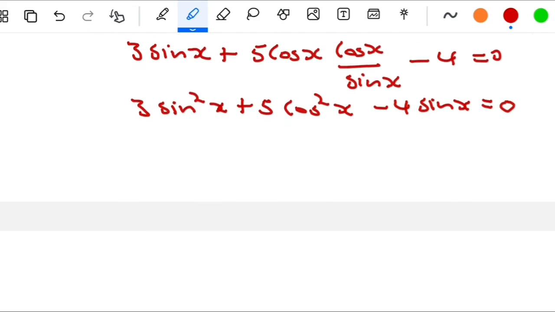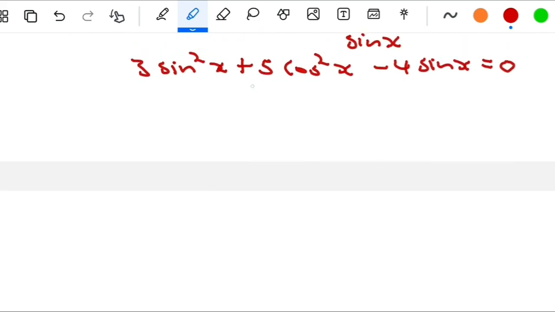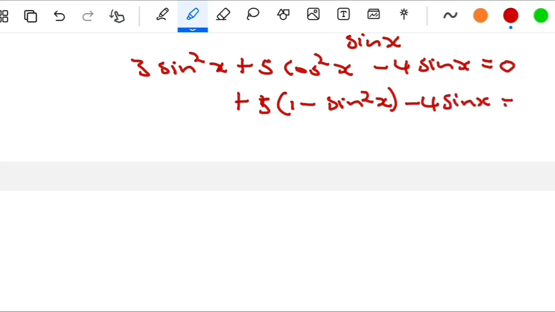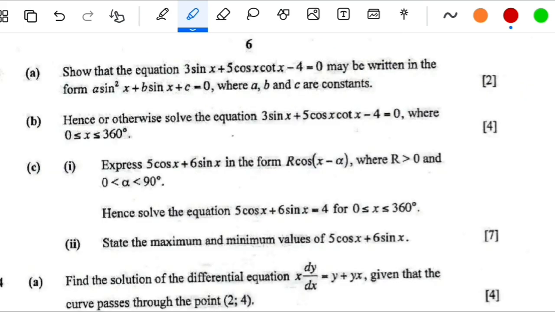Then we are going to convert that cos squared in terms of sine, so it's 5 times (1 minus sine squared x) minus 4 sine x plus 3 sine squared x equals 0. Then let's simplify that. After simplifying, we get 2 sine squared x plus 4 sine x minus 5 equals 0. So we have shown this.